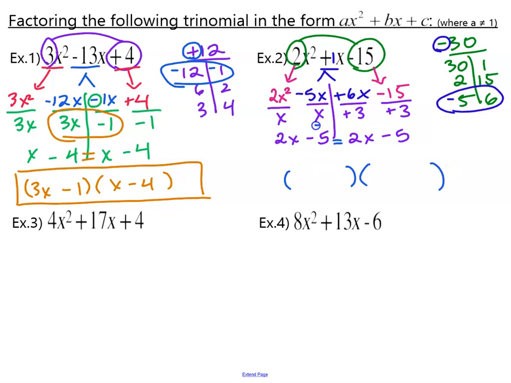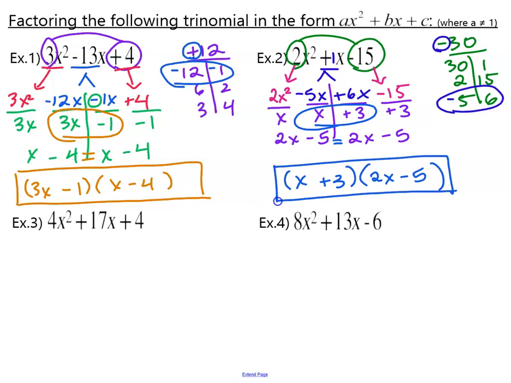So in one set of parentheses goes one GCF from each side. And in the other one goes one of what is left over that is equal on both sides. And there's your answer. Go ahead and pause, try example 3, and check back with me when you're finished.